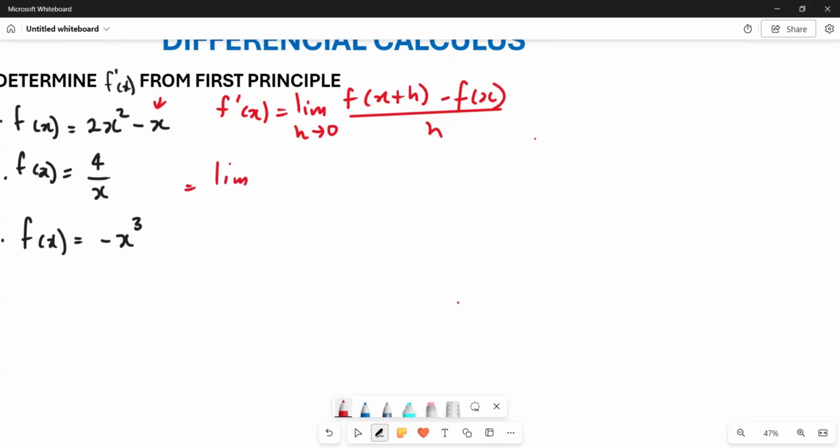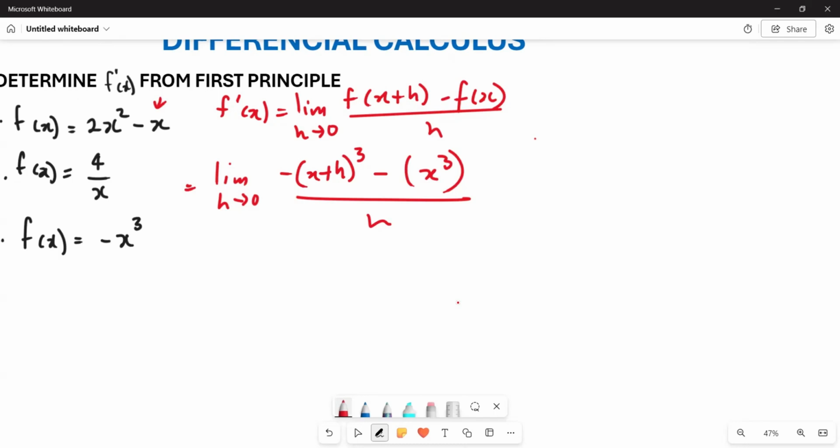This is the same as your limit as h approaches 0. This is going to be the same as your negative into (x plus h) cubed, subtract x cubed, over h. Now, what does this mean? I want you to have an understanding of this.